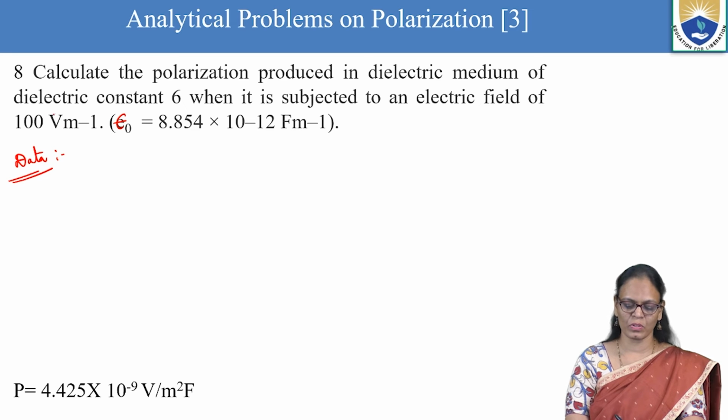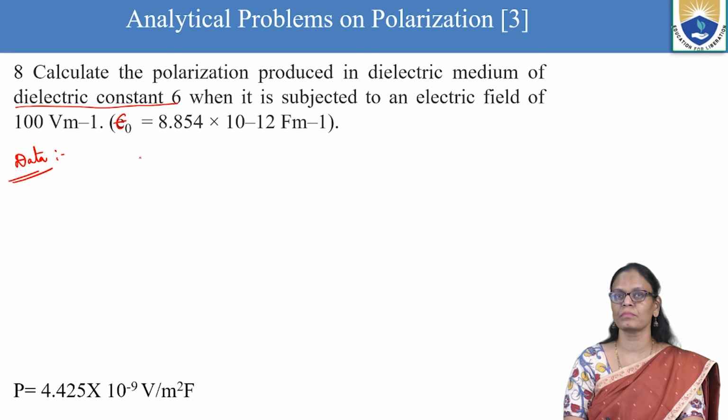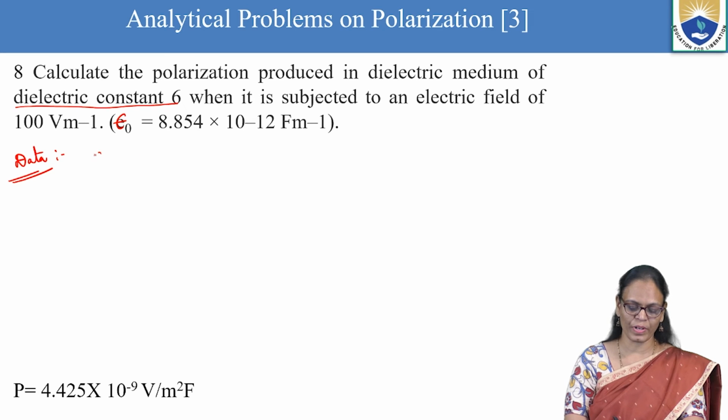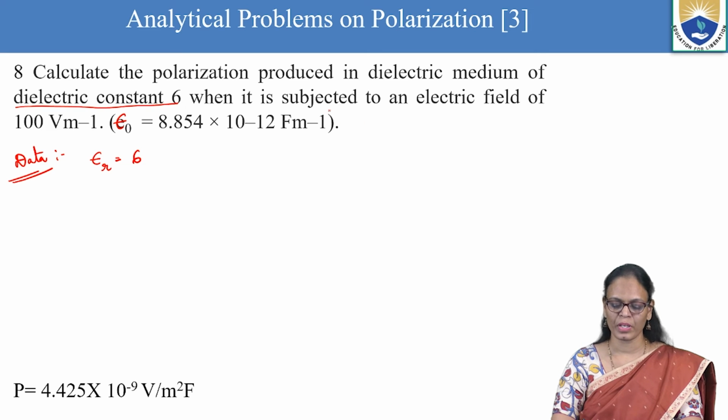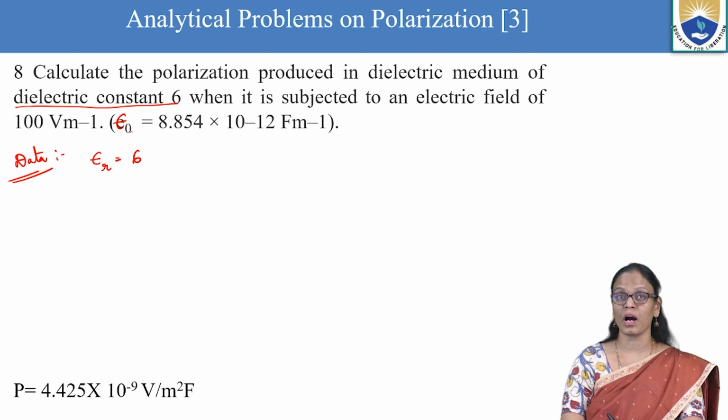Okay, so the dielectric constant is given. Dielectric constant is 6. So we'll write epsilon r is equal to 6. It is subjected to an electric field of 100 volt per meter. So E is given.